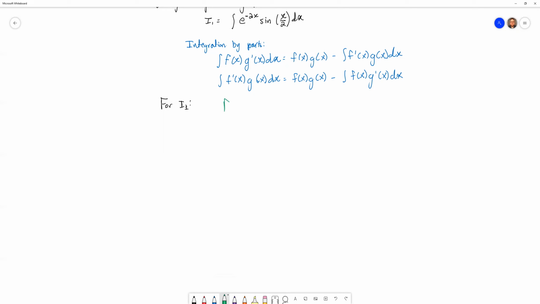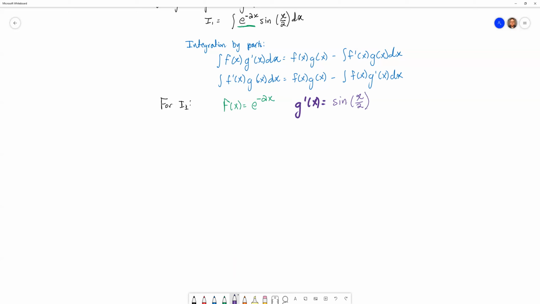I'm going to say f at x is going to equal e to the minus 2x. I'm going to do it in multiple colors, but I'll try to keep that consistent just for labeling. And then my g prime at x is going to be sine of x by 2.